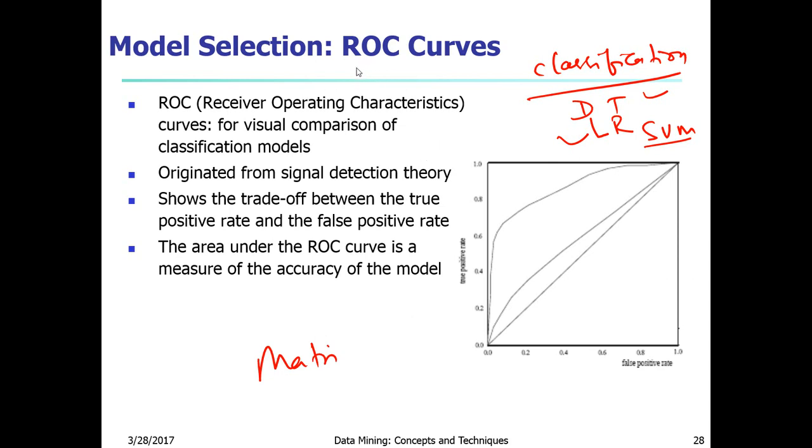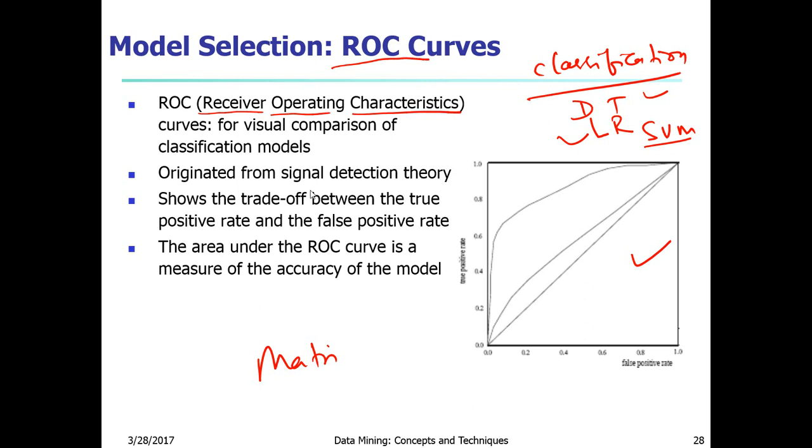One of the important ones that we can use is known as the receiver operating characteristics, or in short we call it ROC. So its full form is receiver operating characteristics. All right. You can see on the right hand side, this is how the ROC curve looks like, and I'll explain what it means and how you interpret the ROC curve.